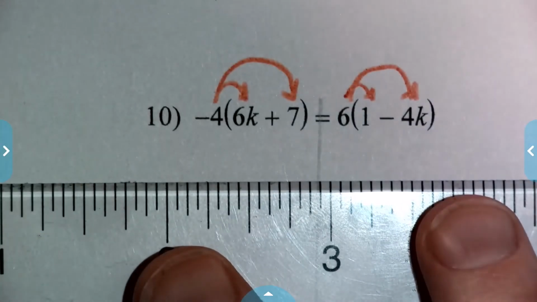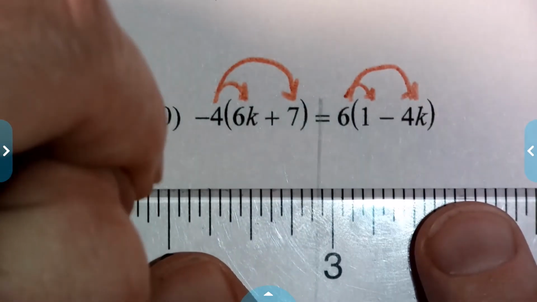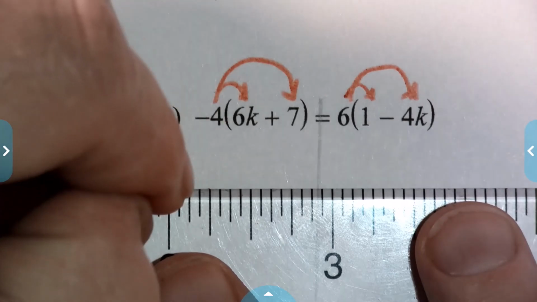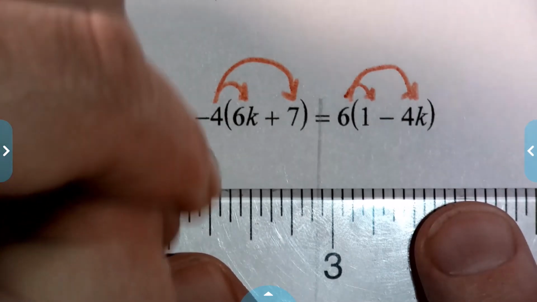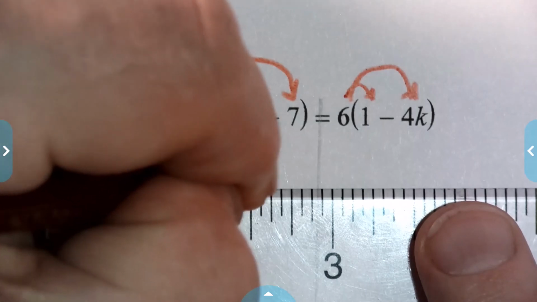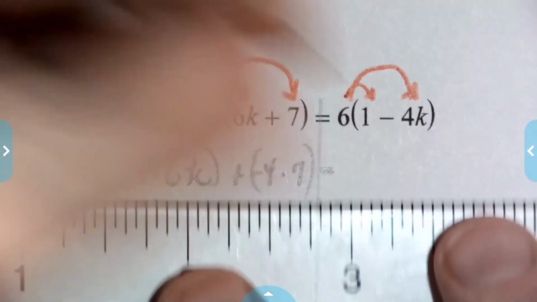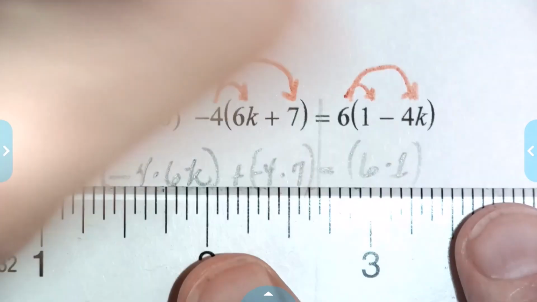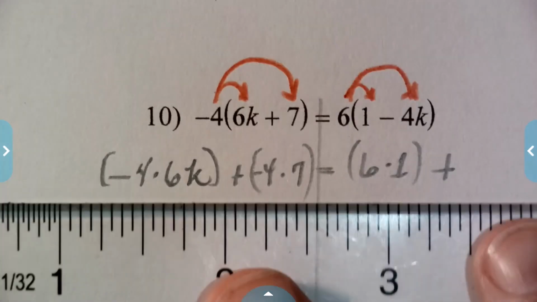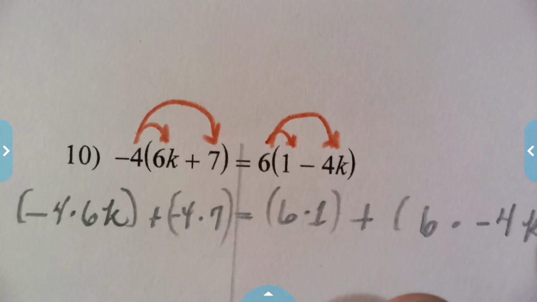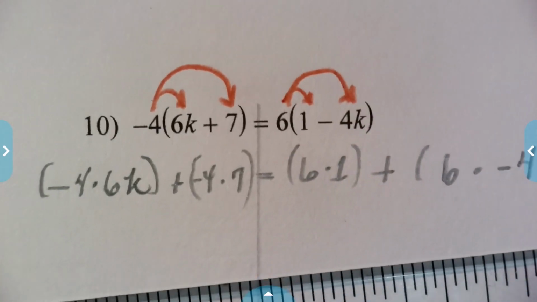So on the left, I've got negative 4 times 6k plus negative 4 times positive 7 equals, and then on the right I've got 6 times 1, that's 6, plus 6 times negative 4k, negative 24k.